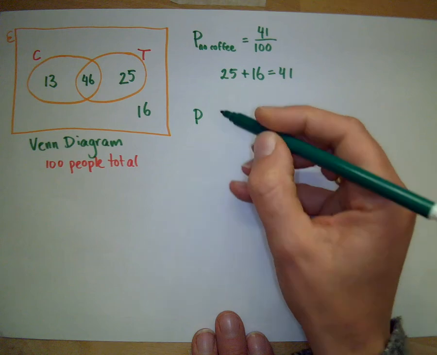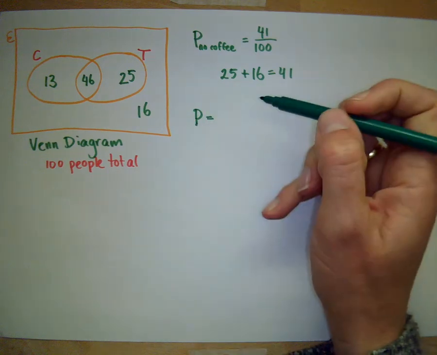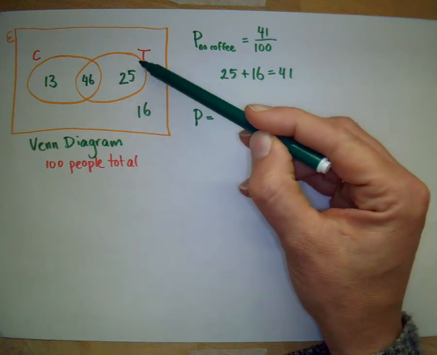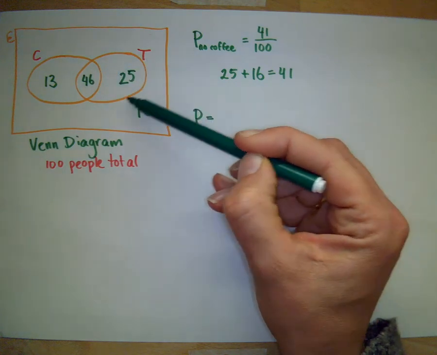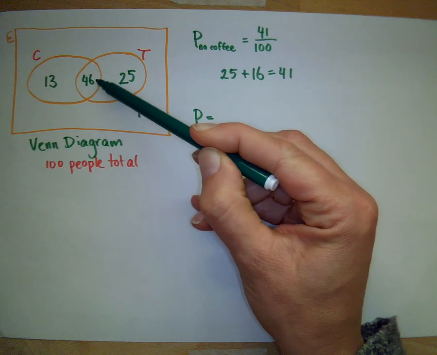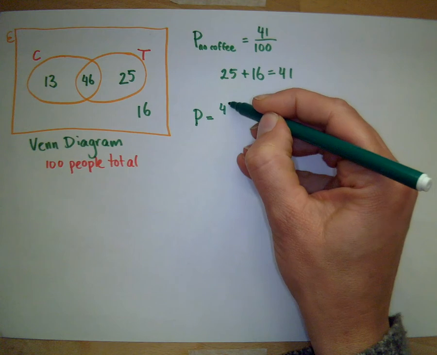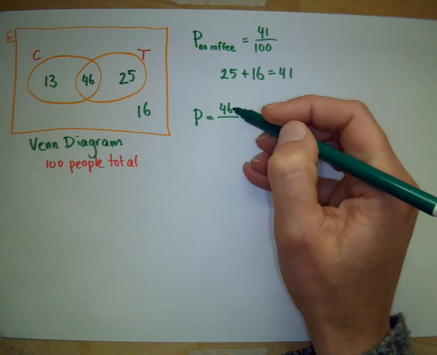The probability of that happening is, also likes coffee. So these 46 people are inside this tea drinkers bubble, and they also like coffee. So 46 people also like coffee.